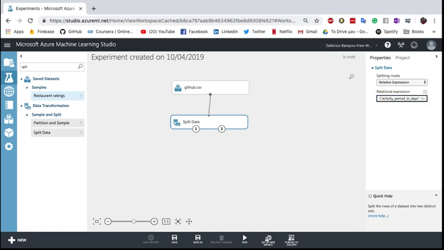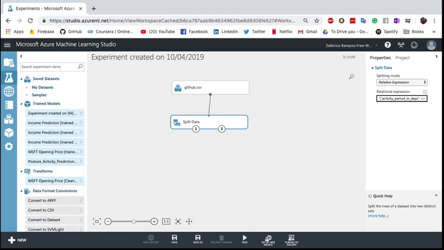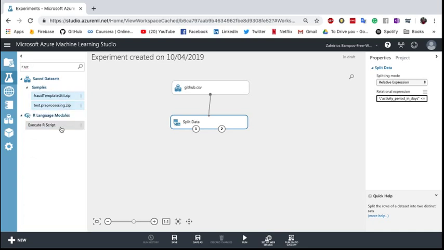But when Azure Machine Learning Studio doesn't actually have something for you, you can always write the script, and you can have it in R or in Python. So here, the split data at point 1, we have all the data points where the activity period in days is less than or equal to 1, and here we have all the other points.